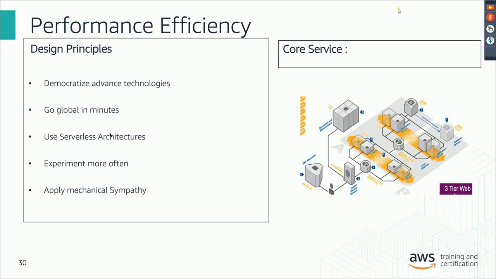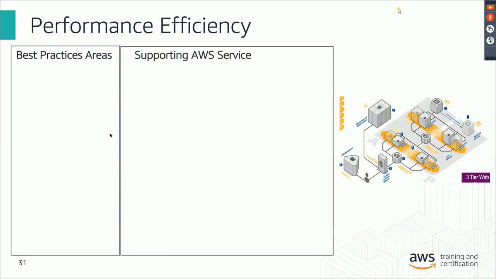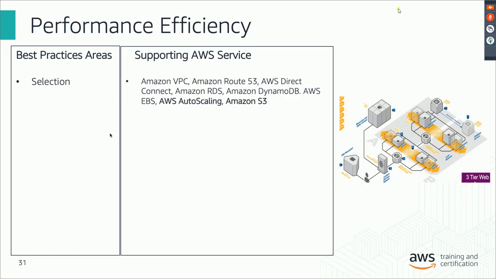Any guesses around performance efficiency here? Yes, it's CloudWatch, because you need to have visibility on how your system is performing, right? What are the key best practices in this area and the supporting services? First, you have to make sure that you are selecting the right services. We talked about the example of a batch job with the right instance. Yeah, the key service here is auto scaling.